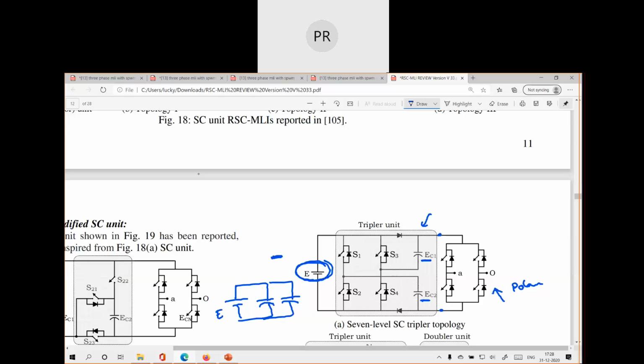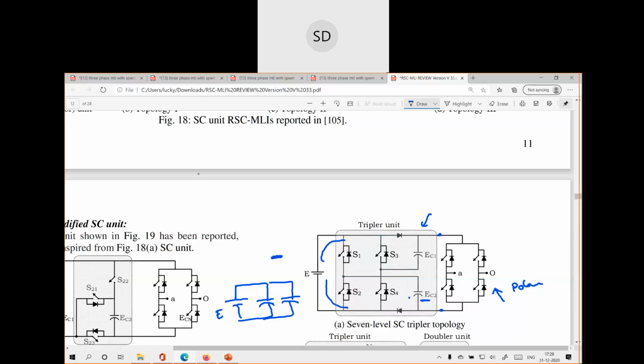S1, S4. If you turn on this S4, both the DC source and the capacitor are in parallel, right? Similarly, if you turn on S1, so both are in parallel.